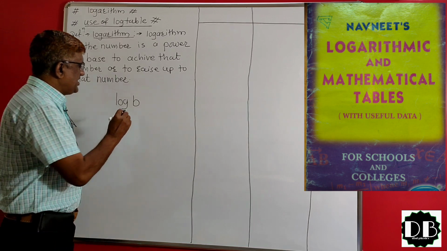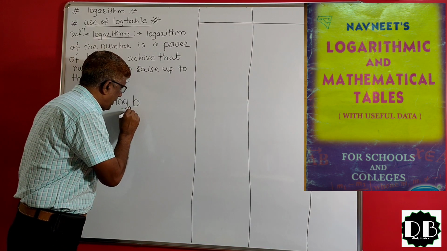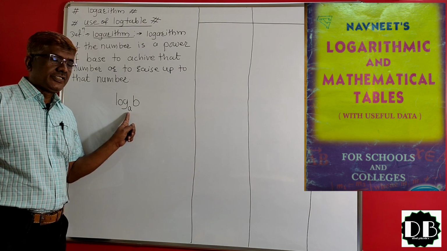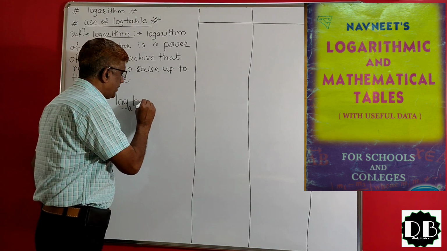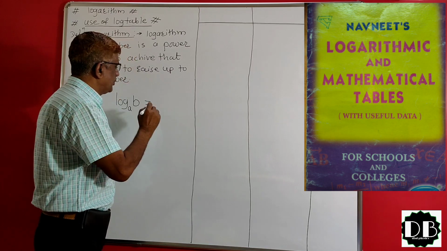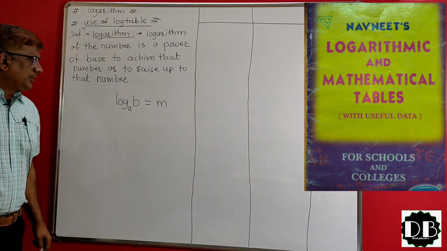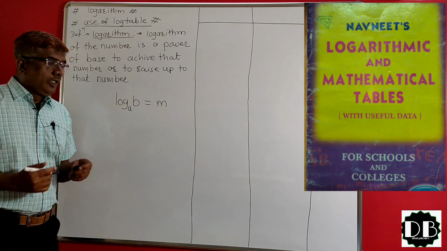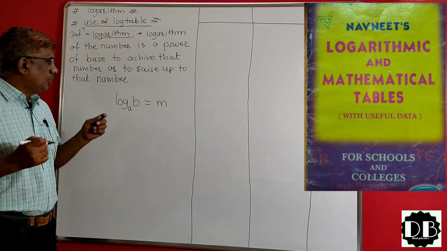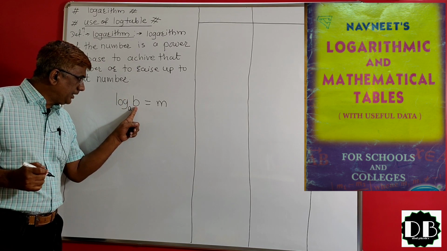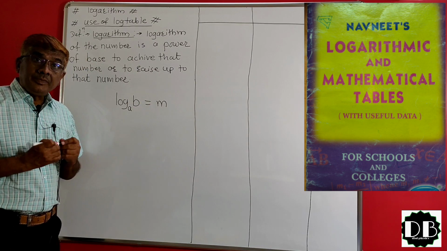Log always has two fundamental quantities attached to it. One is the base, and after that its logarithm. Suppose that its logarithm is m. Then what is the logarithm? Logarithm of the number b is m. What it means?